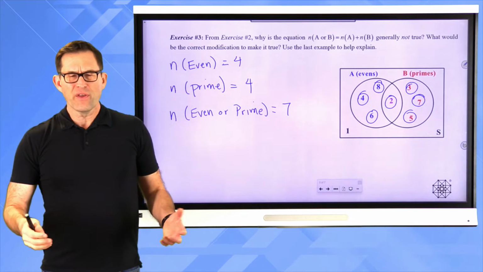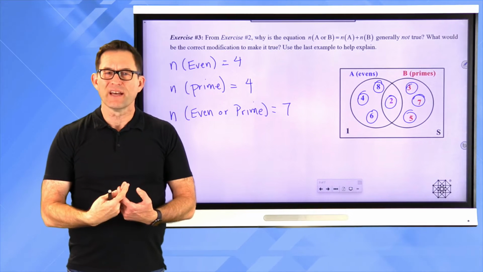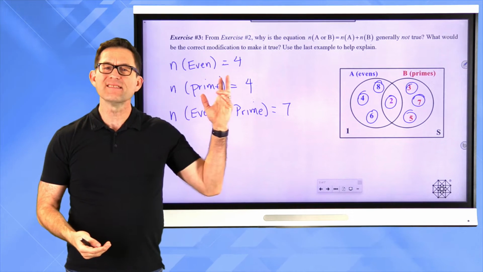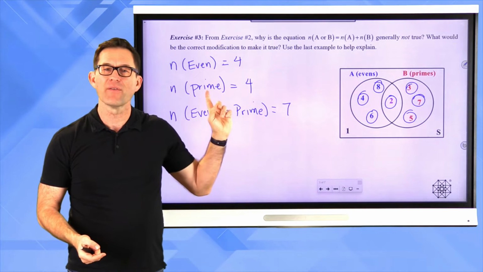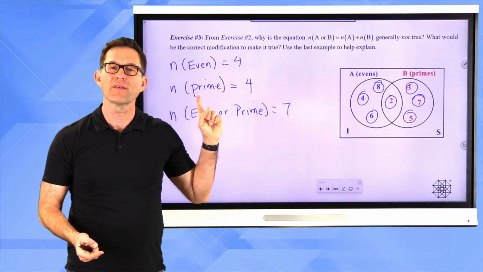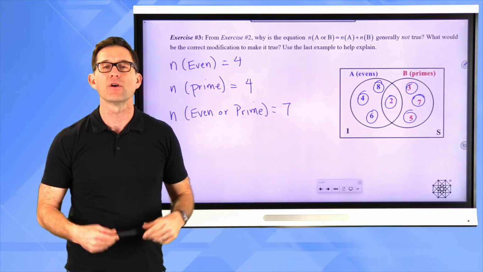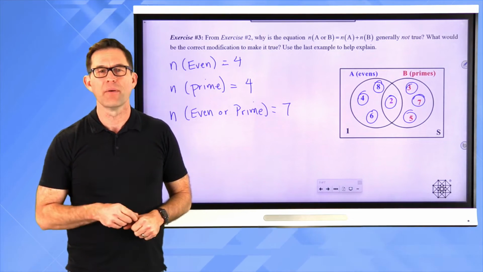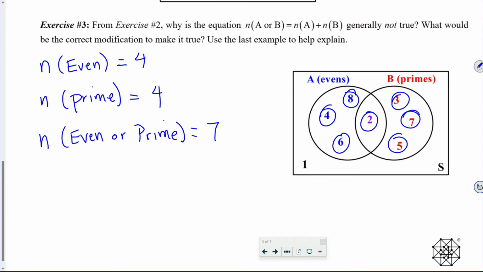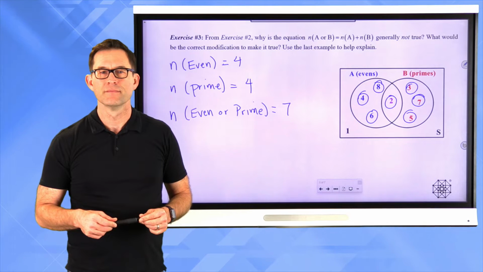So we generally think about the union as adding two sets together. Why is it that when we add the number of elements in the even set to the number of elements in the prime set, we don't get the number of elements in their union? Why is that? Pause the video now and think about that. Right?